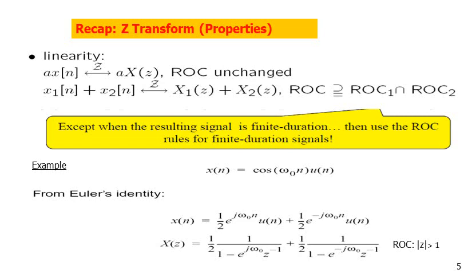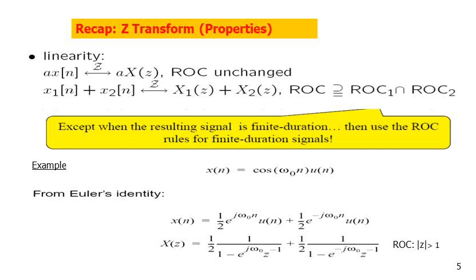Let us revisit another example from the class in which we had to find the Z transform of cos of omega naught n u of n, where u of n is the unit step function, and we wanted to use the property of linearity in this case. So we would write cos of omega naught n in terms of e to the minus j omega naught n and e to the j omega naught n using Euler identity.